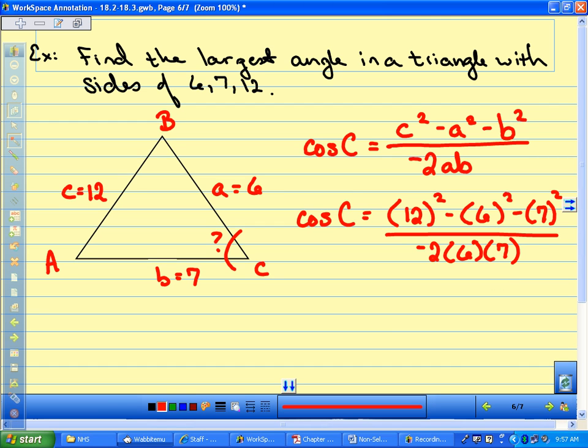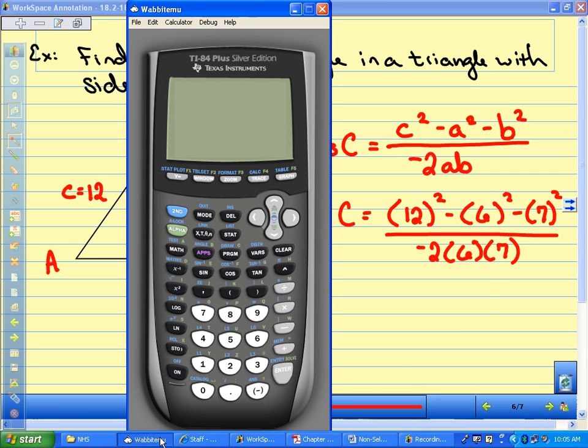Now I will caution you to do this in 2 steps. When I go to the calculator, I'm going to do the top. So I'm going to go parentheses 12 squared minus parentheses 6 squared minus parentheses 7 squared, and I'm going to evaluate the top, 59.